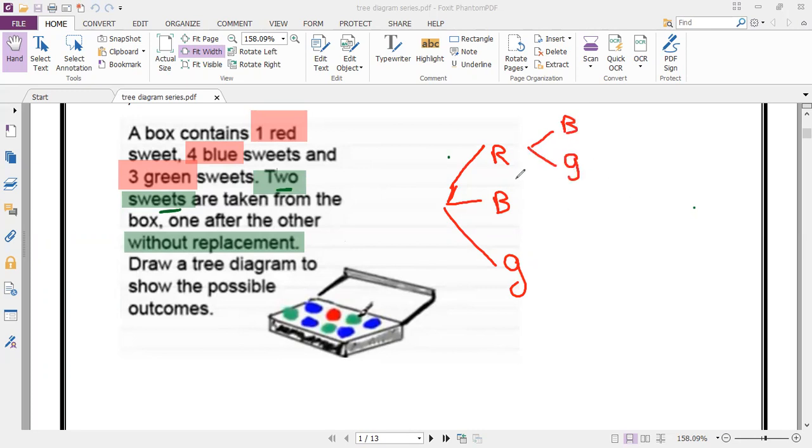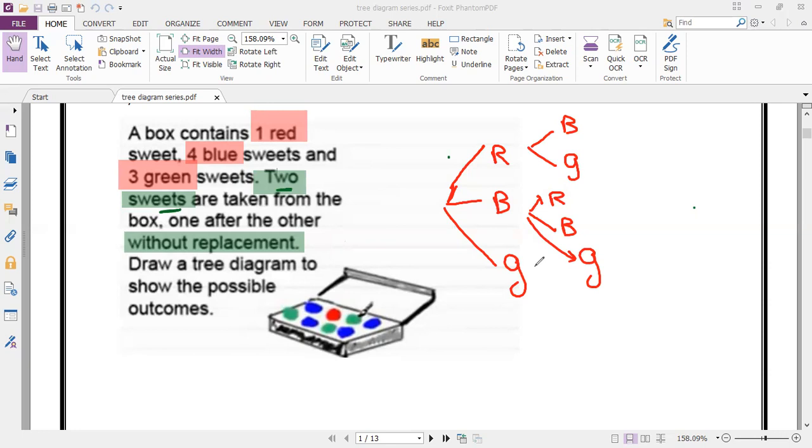And if you took the blue, how many choices are you left with? We have 3 choices, because the red sweet exists. So we might take red or blue or green. And once you have taken the green, let's ask Abdurrahman.